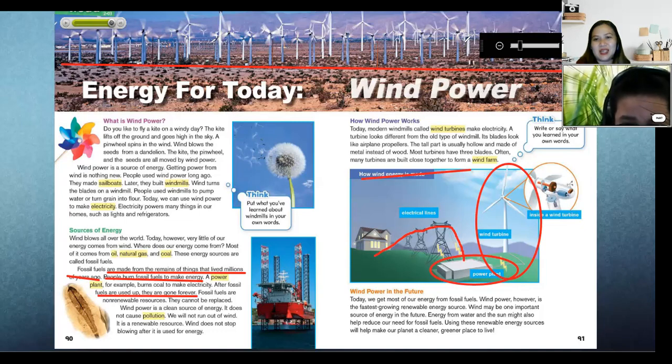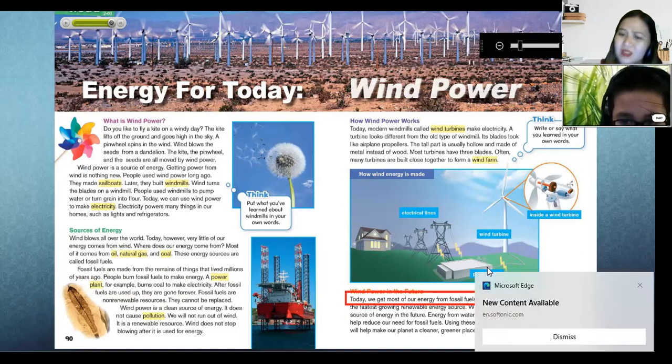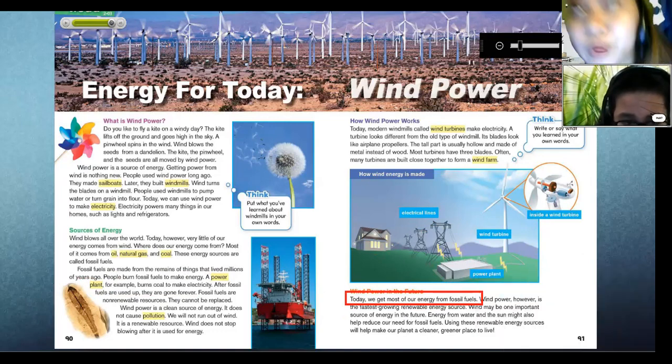Do you understand it now? Yes, I understand it now. And again, wind power in the future. It's very sad that today we get most of our energy from fossil fuels, meaning there's a lot of pollution. But right now they're improving.